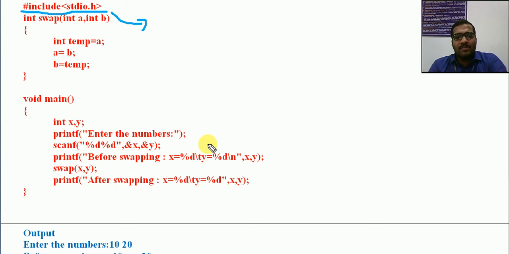By seeing the function definition itself, they will automatically understand the details like the return type, the name, and the parameters that the function is expecting. So function declaration is not required for all compilers.